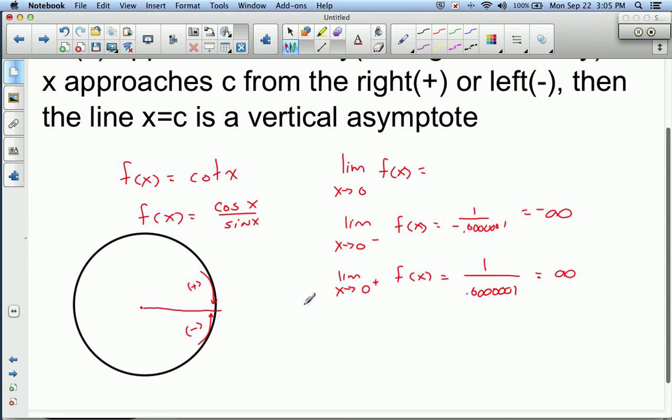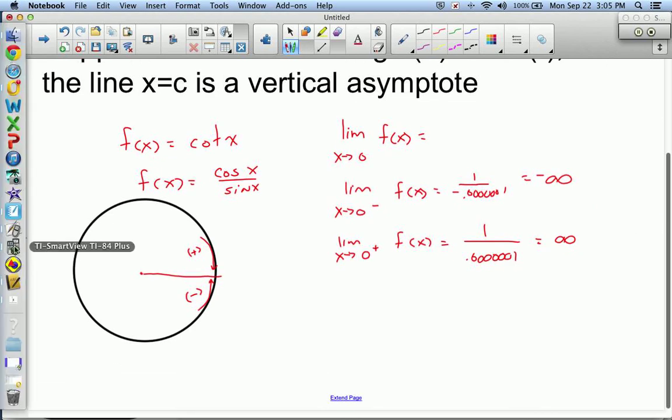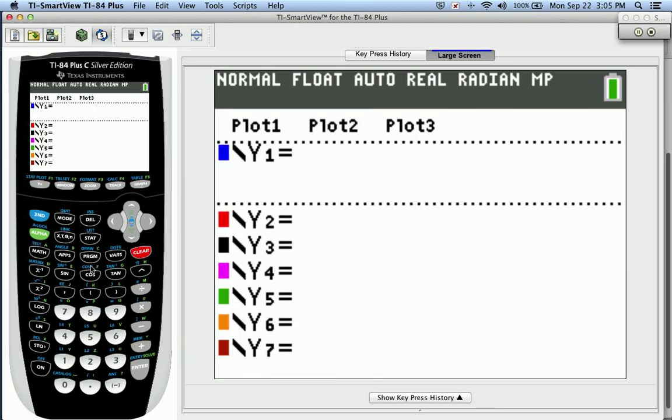So graphically, for cotangent, I'm going to show you this graph on the calculator because it'll look so much nicer than what I can do freehand. If I'm graphing the cotangent, that's the reciprocal of tangent, but I'm going to graph it as cosine divided by sine. I could also do 1 over tangent.